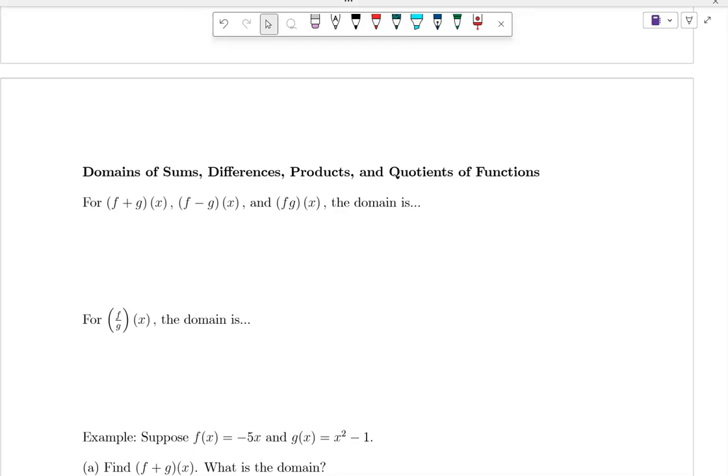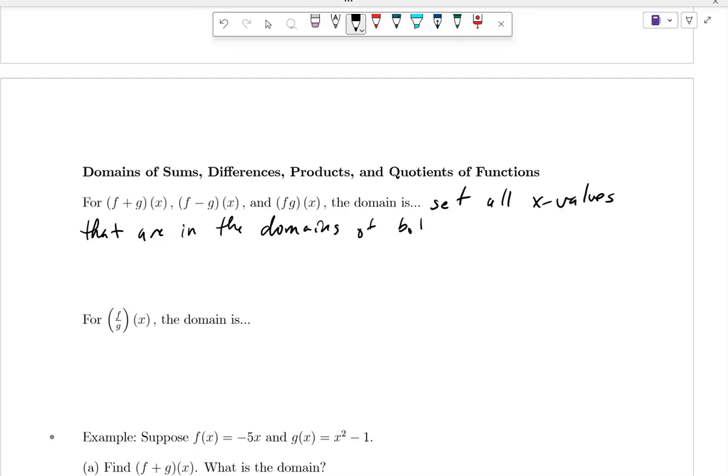So if I'm going to look at the domain of these, we need to make sure that this is going to be the set of all x's that are in the domain of both of them. So you look at the domain of f, you look at the domain of g, and make sure that it's in both at the same time.